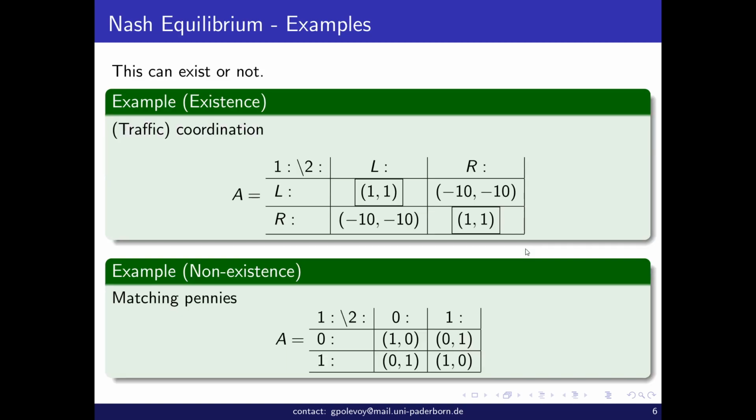And now let us look at a simple classical example of a game where there are no equilibria. It's called matching pennies. You need to choose between two options, and the other person chooses too.